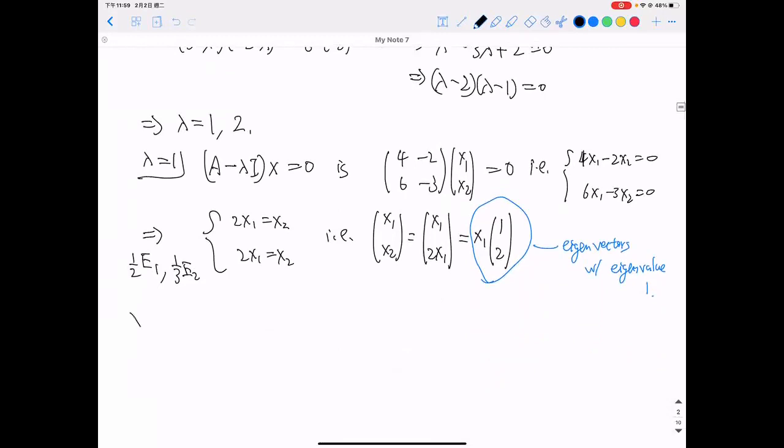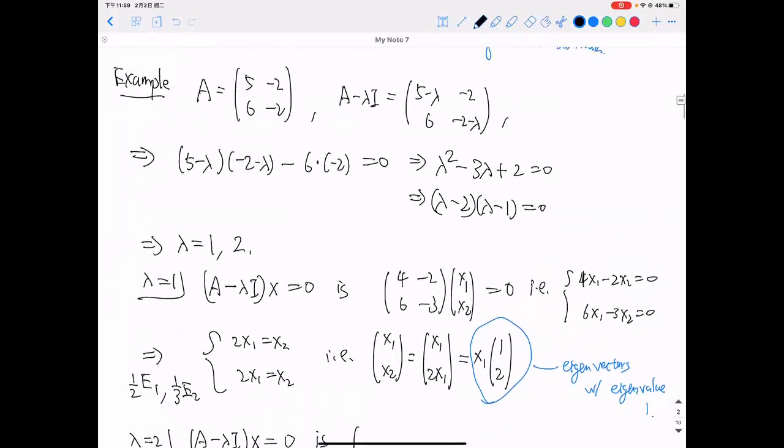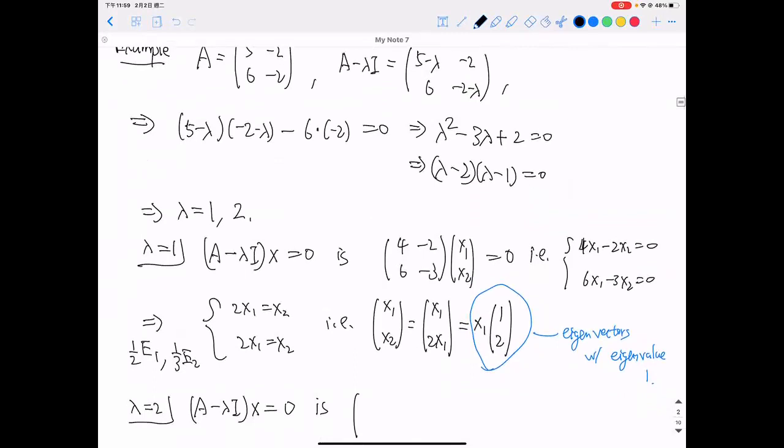Now for the other eigenvalue, lambda equals 2, we still have to consider (A minus lambda I) x equals 0. And this time the system reads, so lambda is 2, so that's 3, 6, negative 2, negative 4, times x1, x2 equals 0, 0.